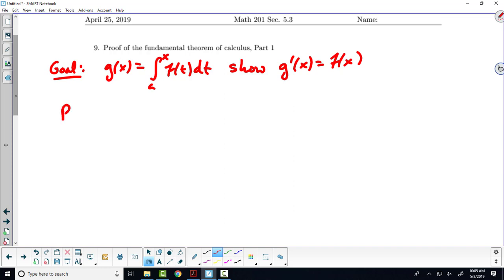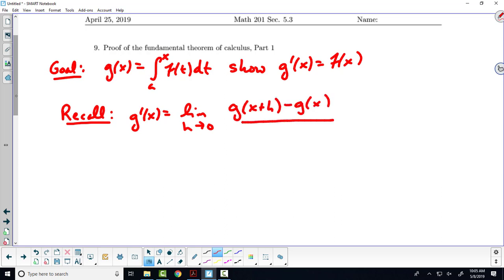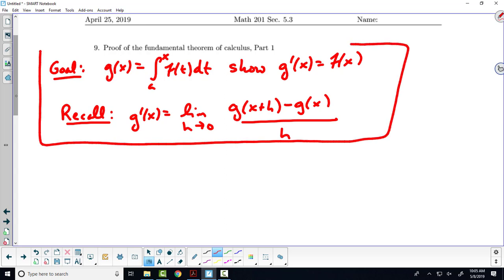Recall that g prime of x, or the derivative of any function, is the limit as h approaches 0 of the difference quotient. So we're going to have to return all the way back to the difference quotient. So this is our goal. We need to do this to do the proof of the fundamental theorem.